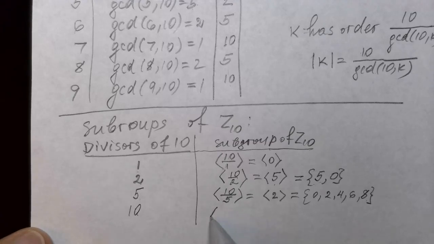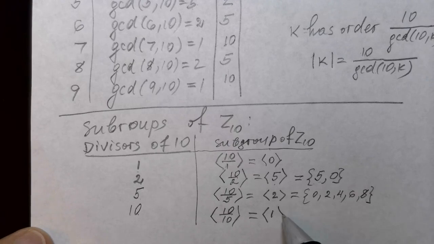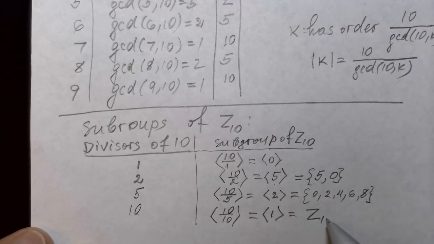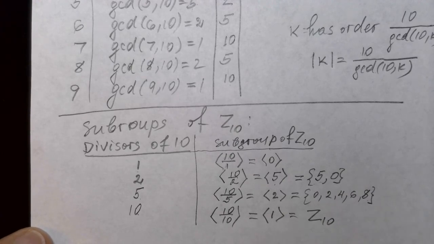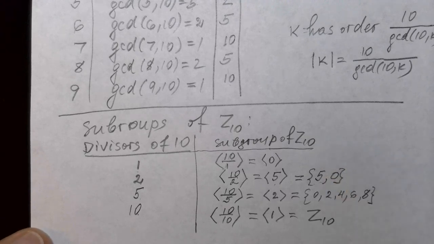Subgroup of order 10: 10 divided by 10 is 1. And of course 1 generates the whole group Z10, all multiples of 1 are the numbers from 0 to 9. And the fundamental theorem for cyclic groups says these are the only subgroups of Z10.